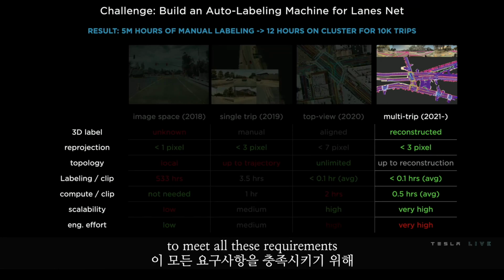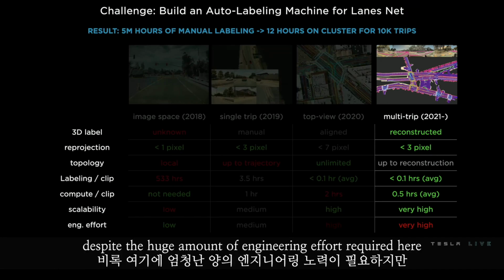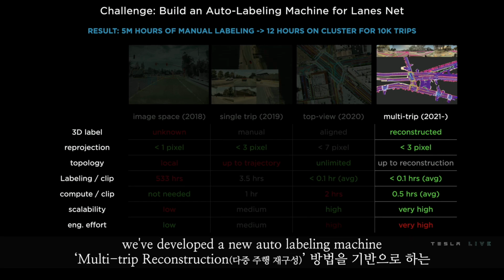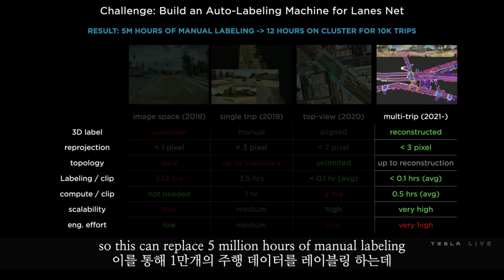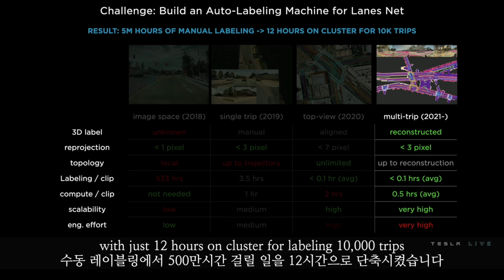To meet all these requirements, despite the huge amount of engineering effort required here, we've developed a new auto labeling machine powered by multi-trip reconstruction. This can replace 5 million hours of manual labeling with just 12 hours on cluster for labeling 10,000 trips.